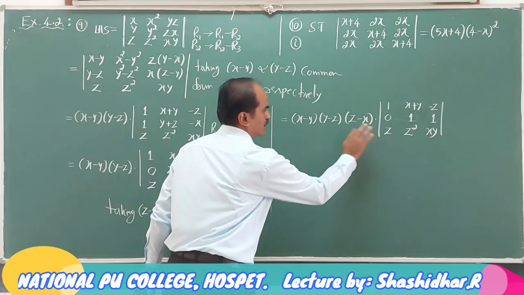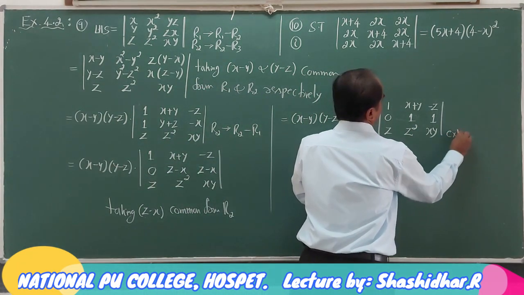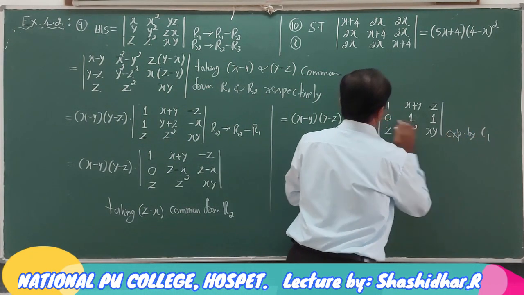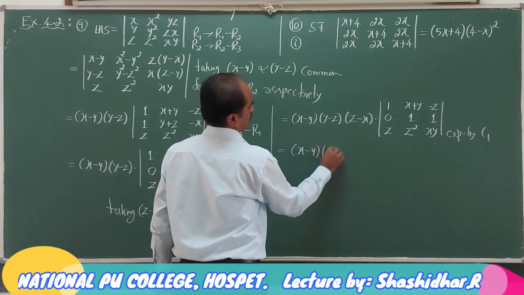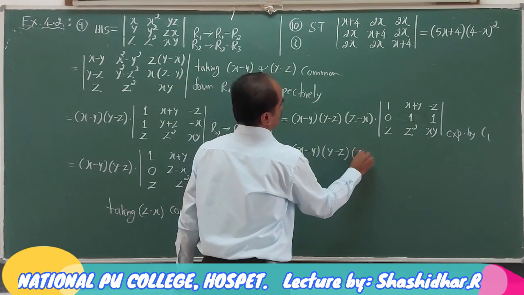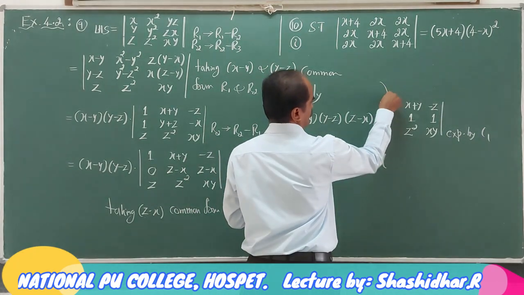Now out of 4, 3 factors already, we will expand the determinant, preferably by column 1 because 1 0 is there. So we get x minus y, y minus z, z minus x into, what are the signs?